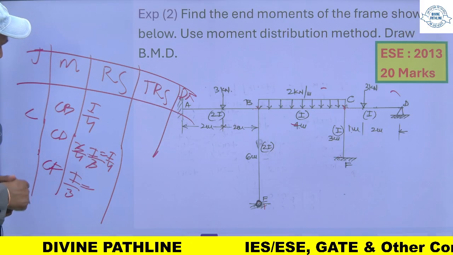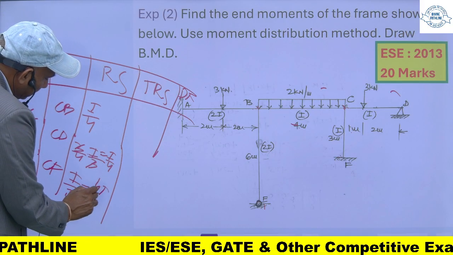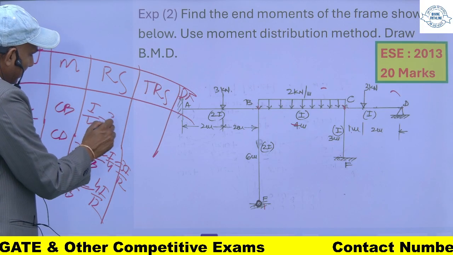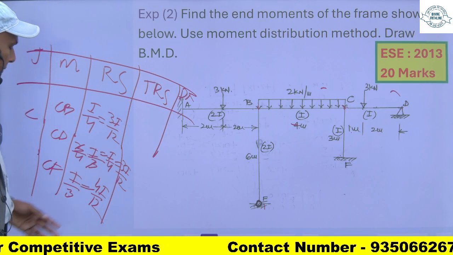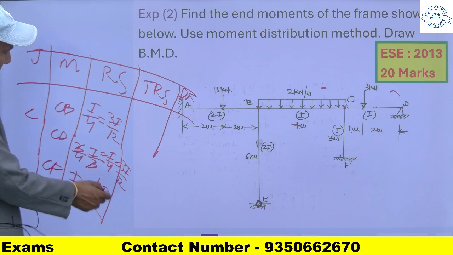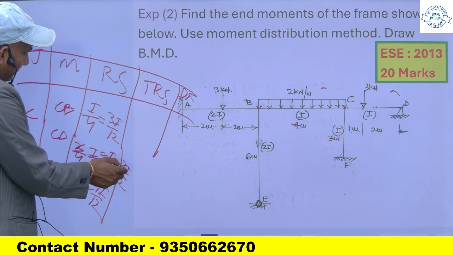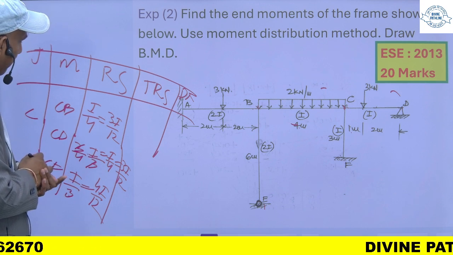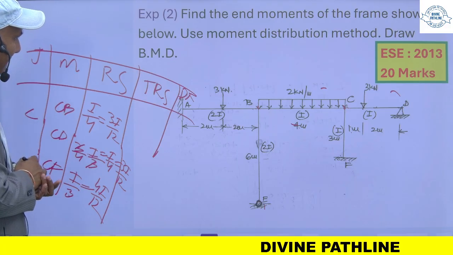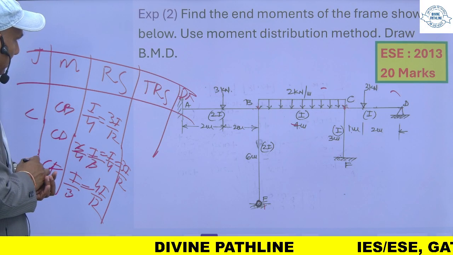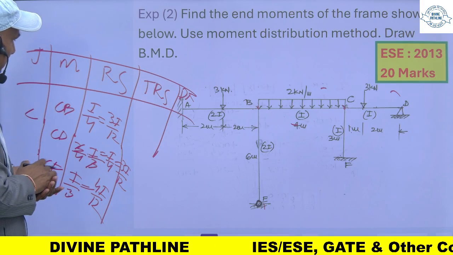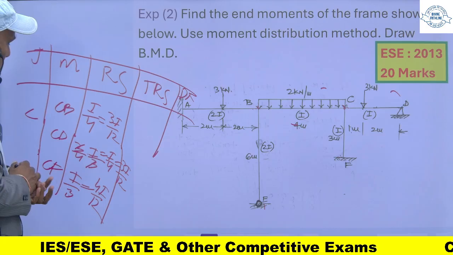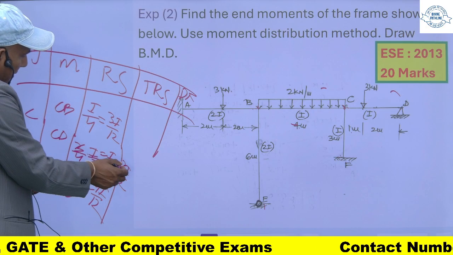Now what I will do, I will multiply this by 4 and this by 3 and this also by 3. Now the denominator is the same, 12, 12 and 12. The sum of these three will be 3, 3, 6 and 4, 10.